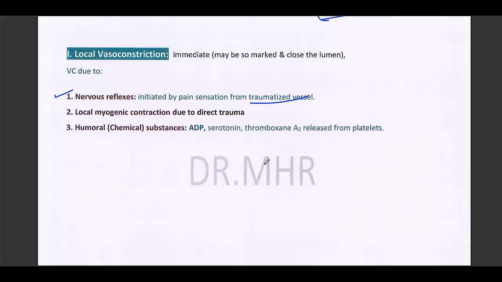Then local myogenic contraction. Thirdly, by humoral or chemical substances like ADP, serotonin, and thromboxane A2 released from platelets. So thromboxane A2 is released from platelets to cause vasoconstriction. As we said before, vasoconstriction means the normal-sized capillary turns into a small-sized capillary to prevent blood loss.